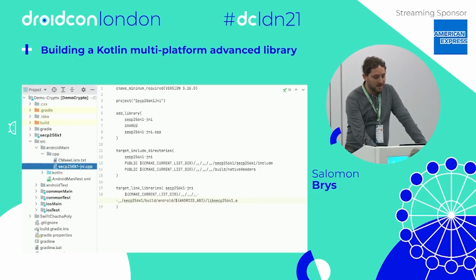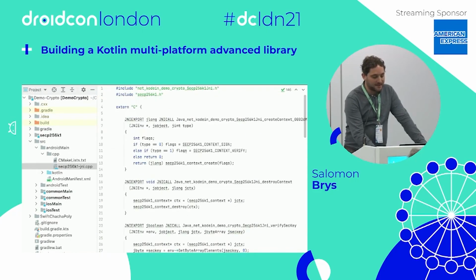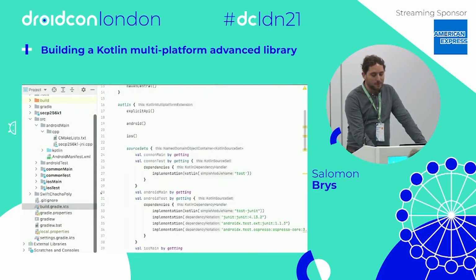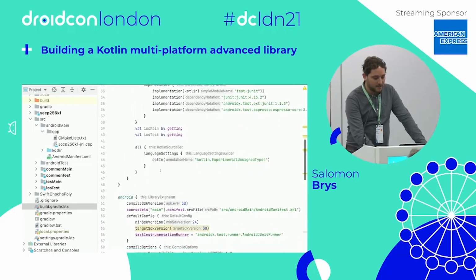But to write the C++ or C implementation, you need this header. So how do you generate this header? As I've told, I have a Javah install on my PC, so it's quite simple.